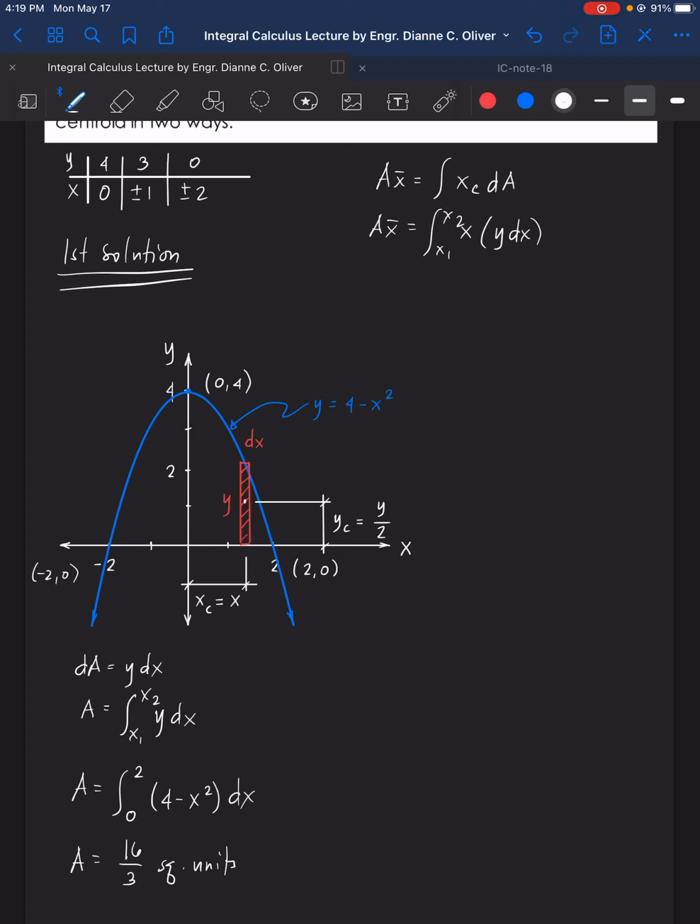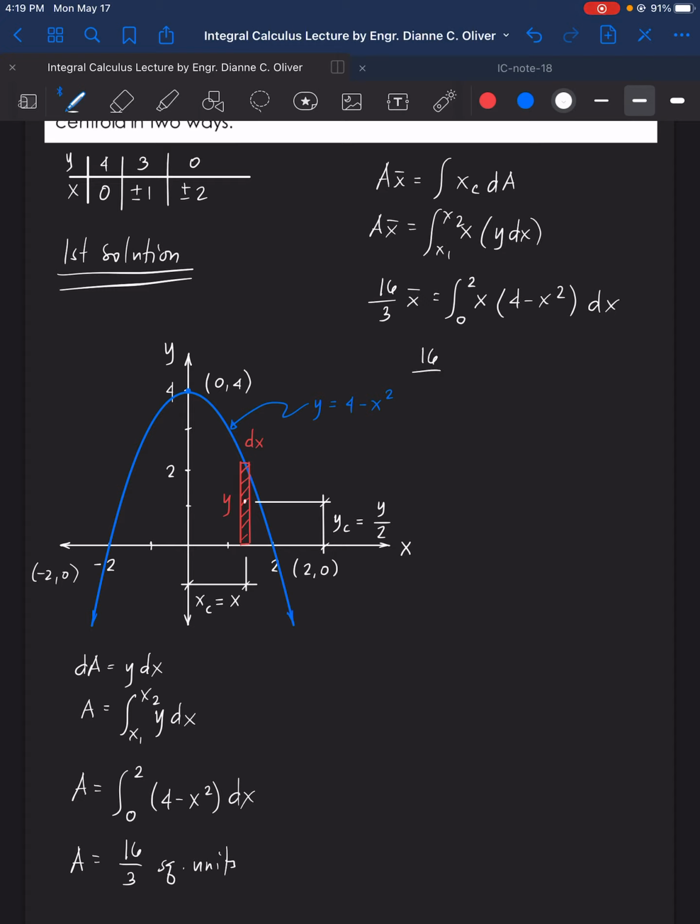Therefore, we now have the area, 16 over 3, x bar is equal to integral of x. So we will just let x here. Then we have the y as 4 minus x squared dx. Limits are 0 to 2.